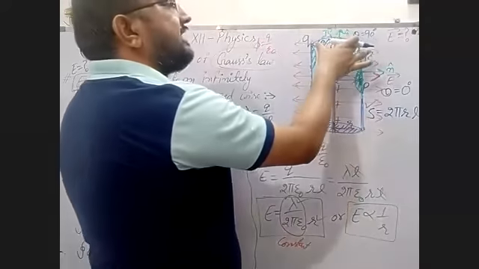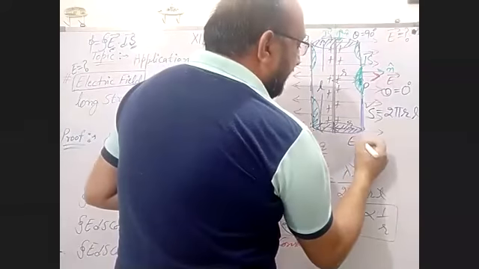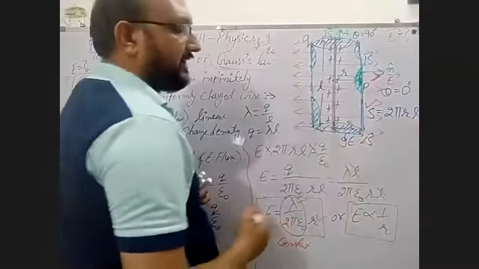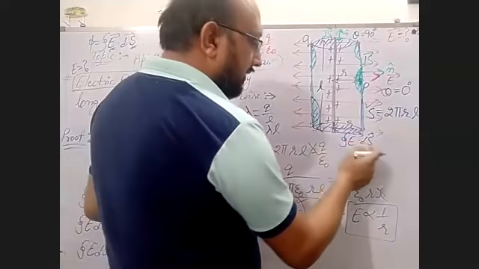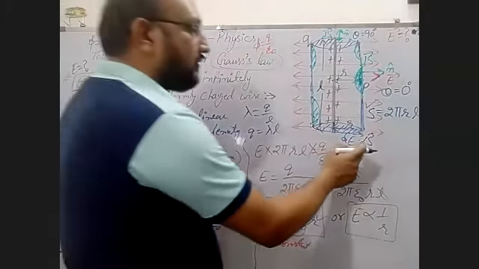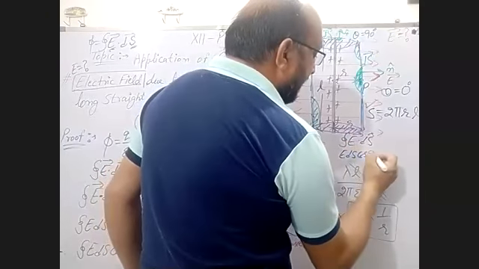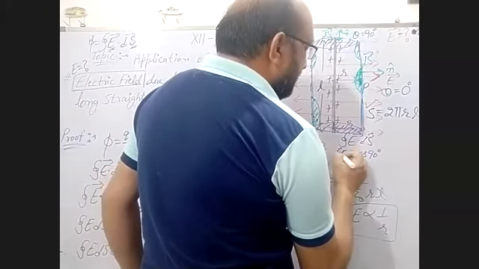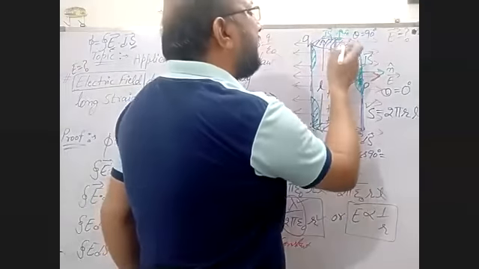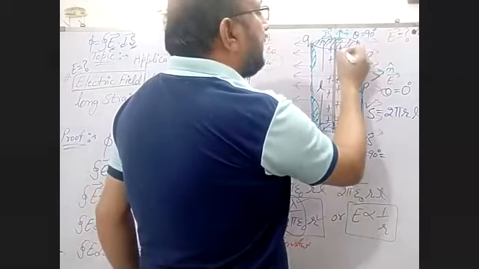No electric field is there, because if theta is 0 then in E dot ds you can calculate the value. Can you feel this thing? E ds cos 90 degree.